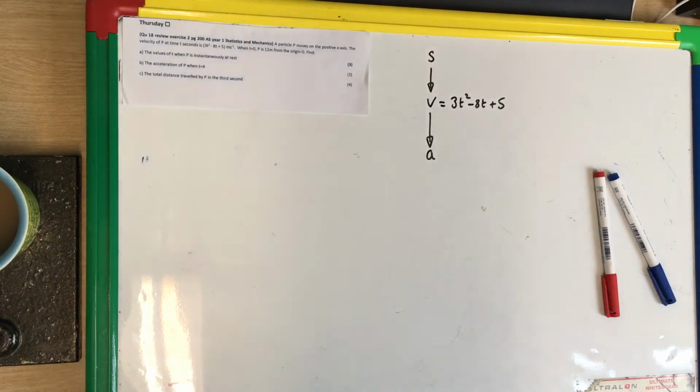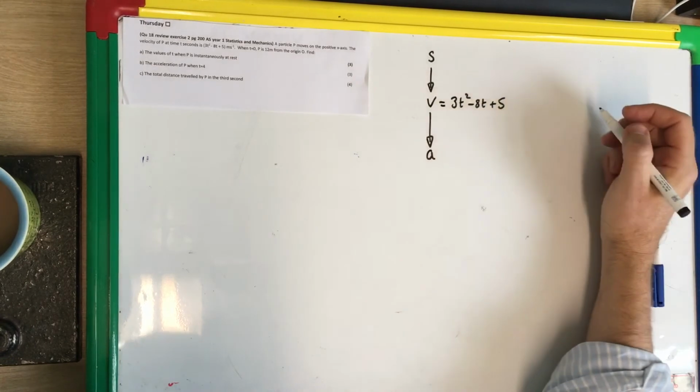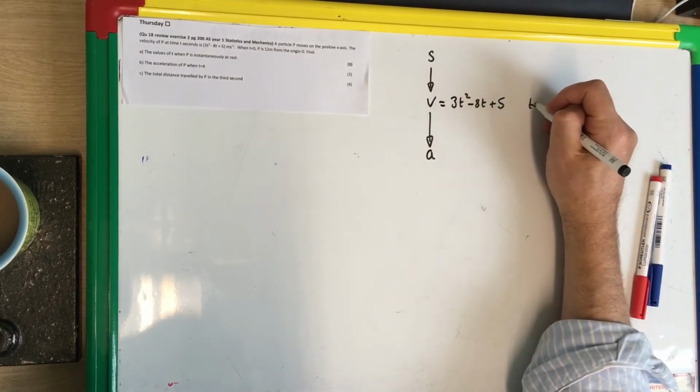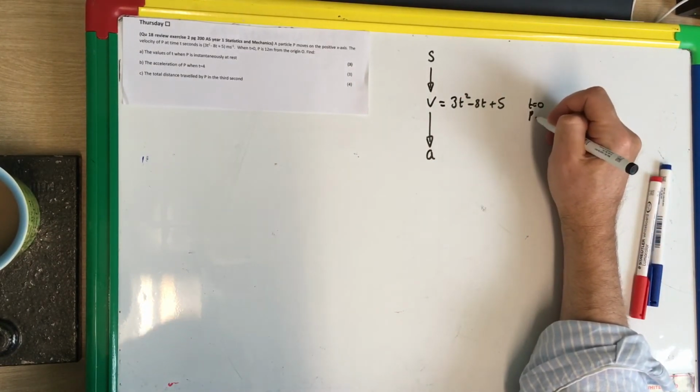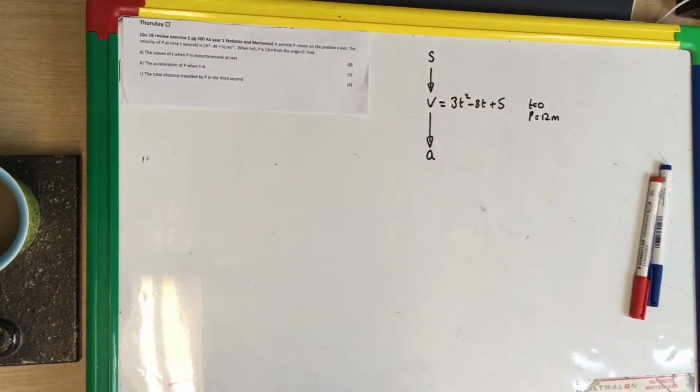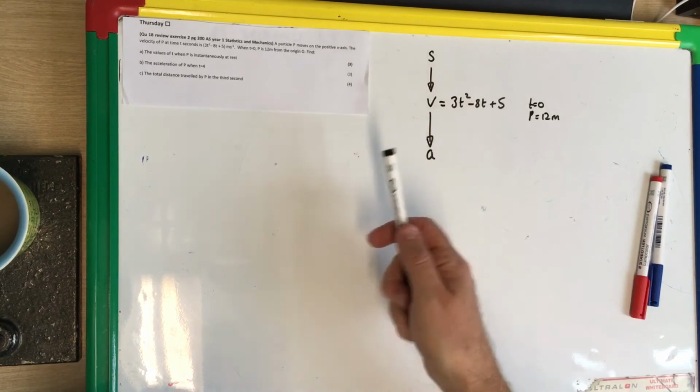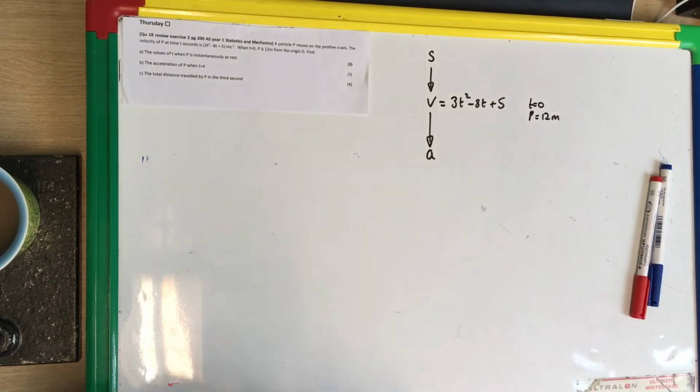And when t is equal to 0, P is equal to 12 meters. Okay, so it's already 12 meters down the x-axis. Find the values when P is instantaneously at rest. Okay, it's a quadratic, so it's slowing down and coming back up or whatever.